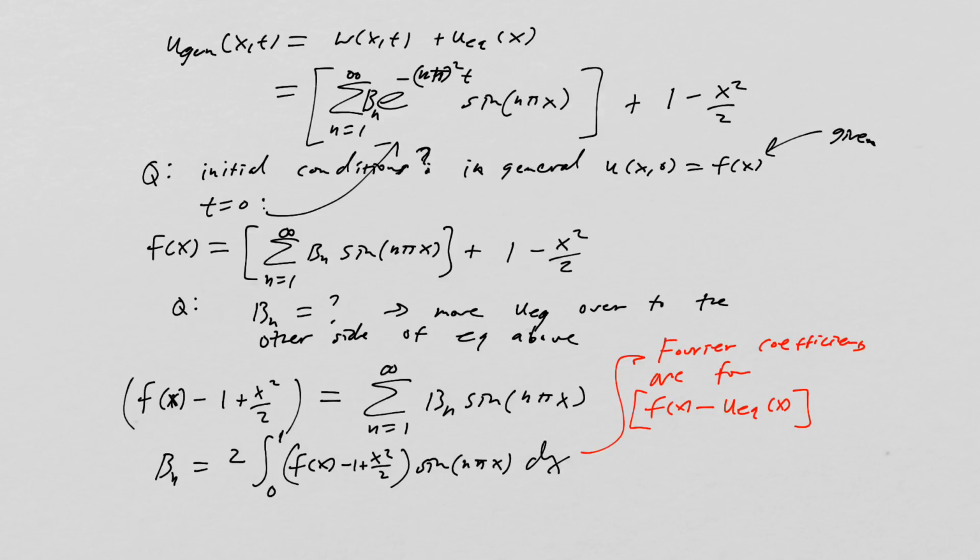All right, with that said, let's sort out one more of these. Let's look at a specific example and give an initial condition. I'm going to make it pretty straightforward: 2 minus 1/2 x squared. That's going to be my f of x.